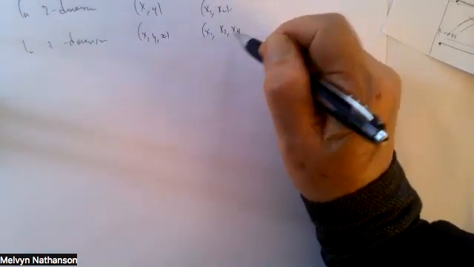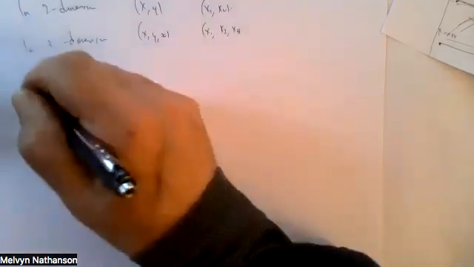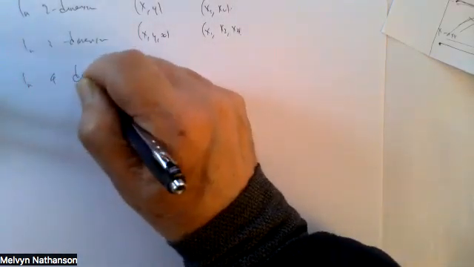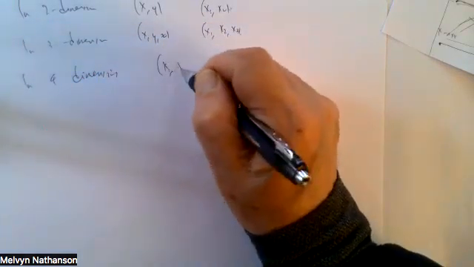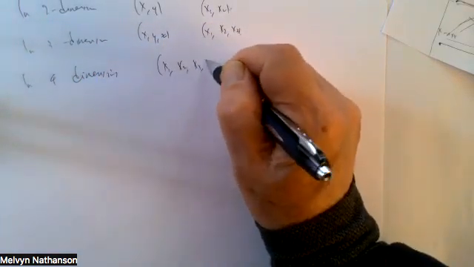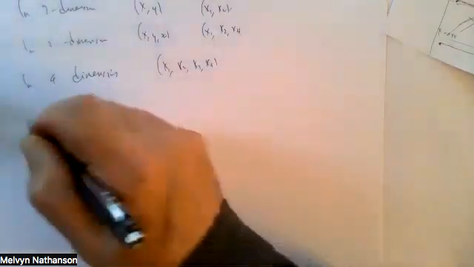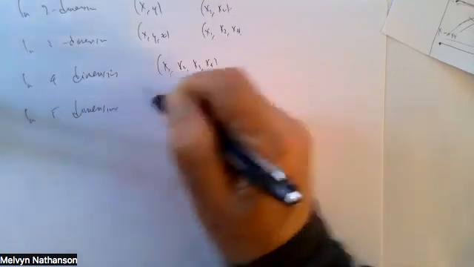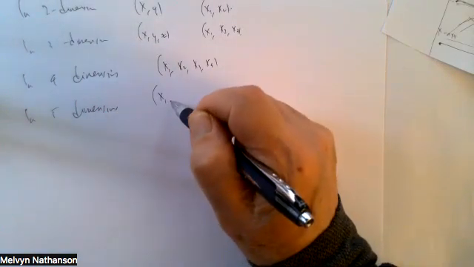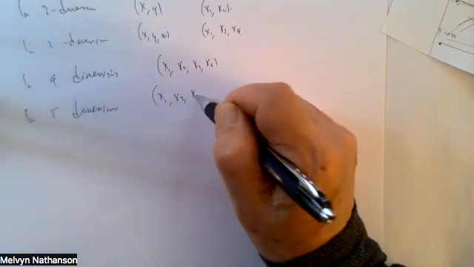A point in 3 dimensions is a triple of numbers. In 4 dimensions, a point has 4 coordinates, whatever they are. In 5 dimensions, a point is a quintuple of numbers.